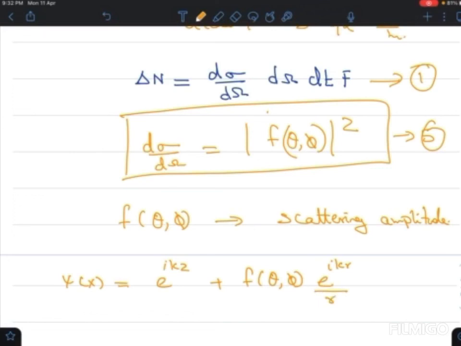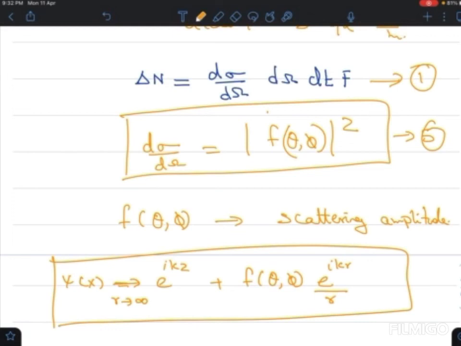So we have a condition, no? It is the asymptotic region, that is r tending to infinity. At r tending to infinity, your wave function would look like e raised to ikz plus f theta phi e raised to ikr by r.